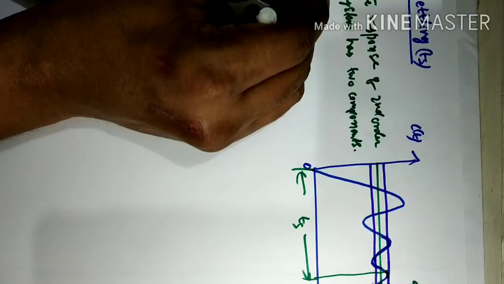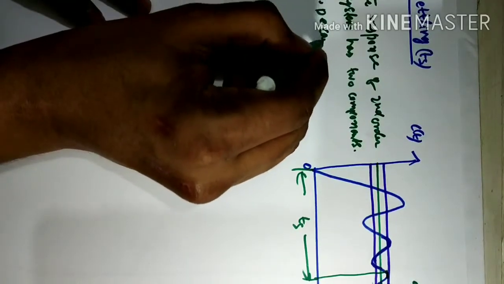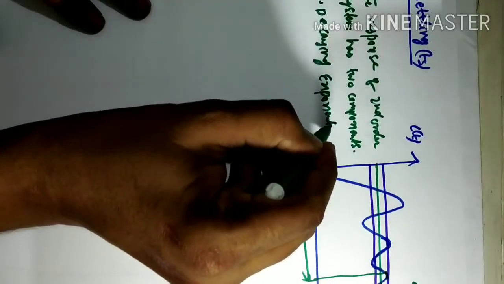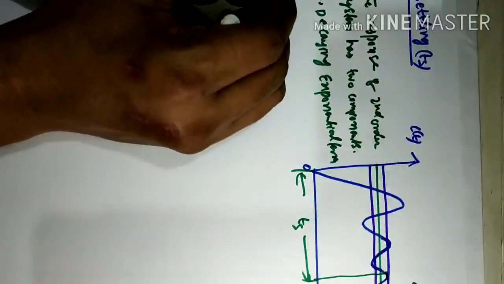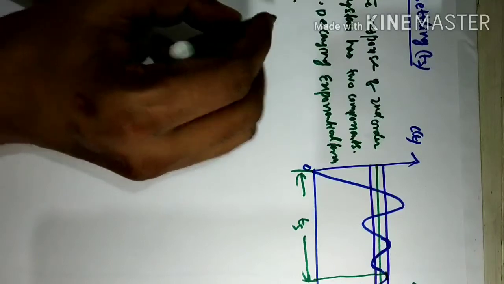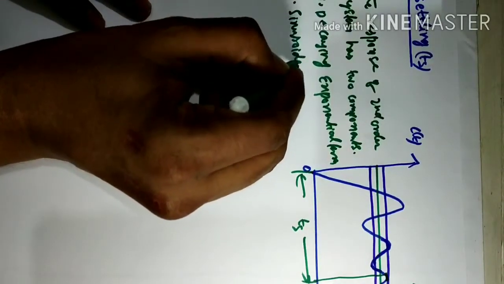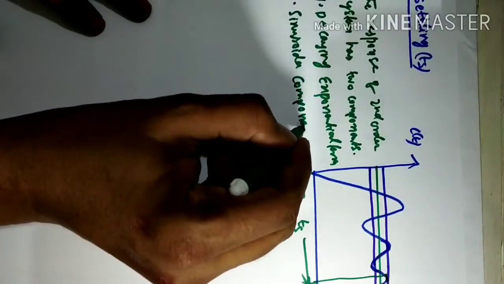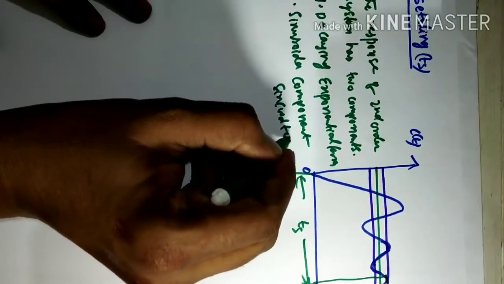The first one is a decaying exponential term, and the second one is a sinusoidal component, that is sine omega d t plus theta.